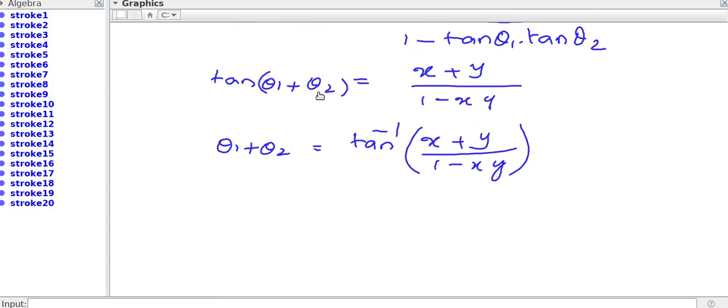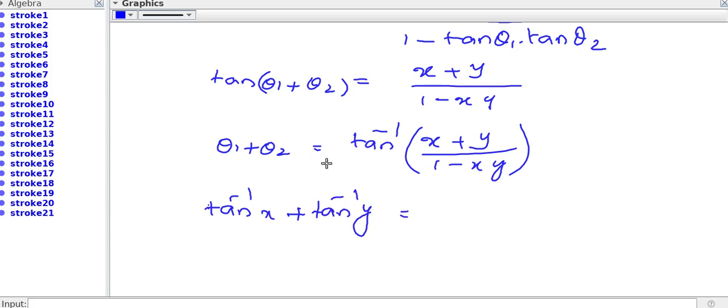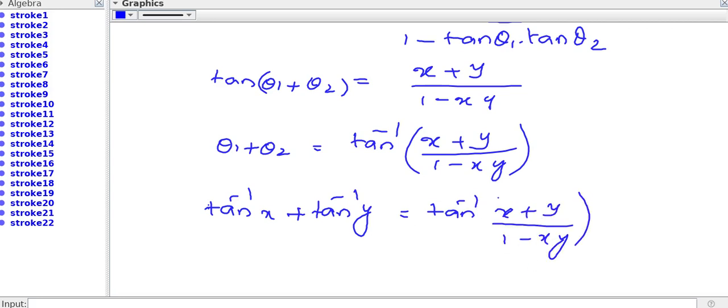So let us replace: theta 1 is tan inverse x, theta 2 is tan inverse y, and on the right side there is no need for any change here. So tan inverse of x plus y by 1 minus xy. Okay, so tan inverse x plus tan inverse y is equal to tan inverse of x plus y by 1 minus xy, that we wanted to prove.